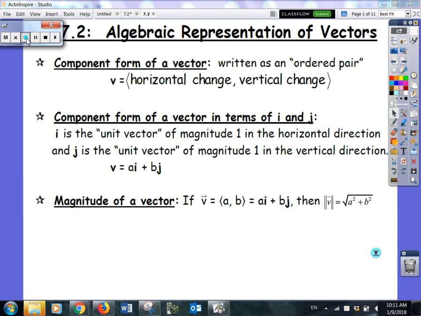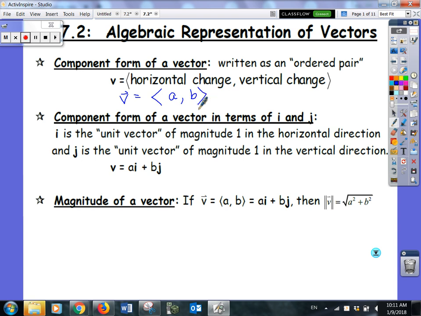So this vector, remember that's bolded, I could rewrite as: vector v is equal to, the horizontal change is going to be considered the a value, or if you're thinking about a coordinate plane, the x value, and then the vertical change is the b value.